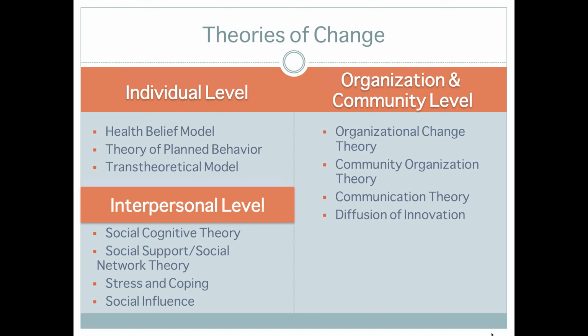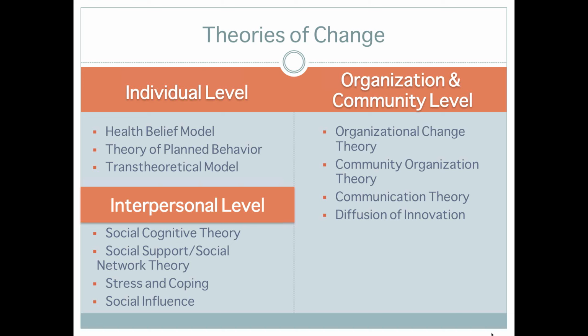Okay, so for theories of change, I am going to be talking about the theories divided into three major levels. We will be talking about three theories of change at the individual level: the health belief model, the theory of planned behavior, and the trans-theoretical model.